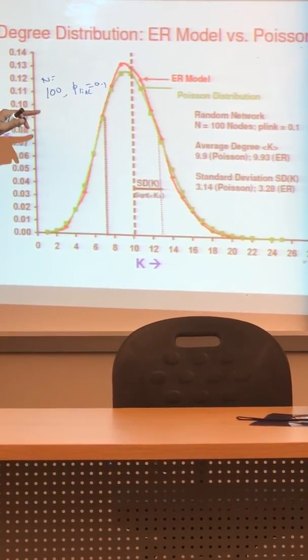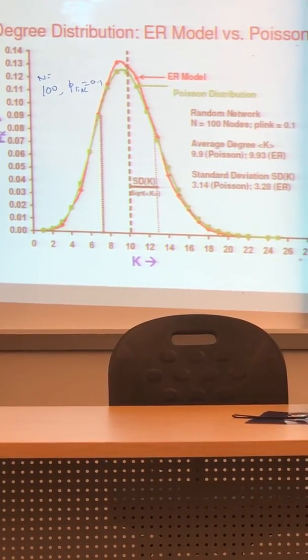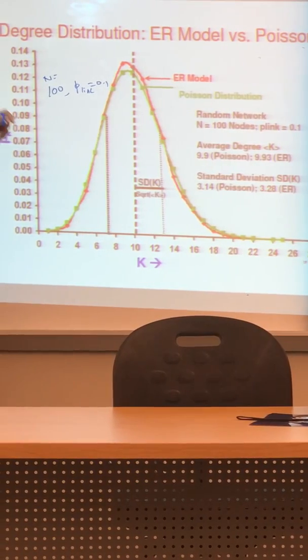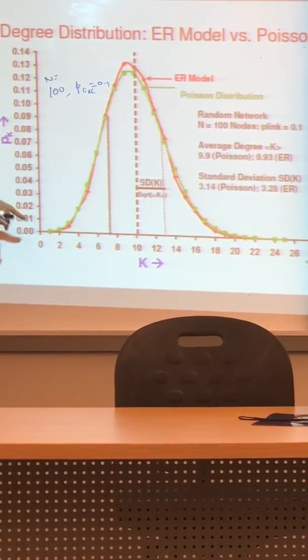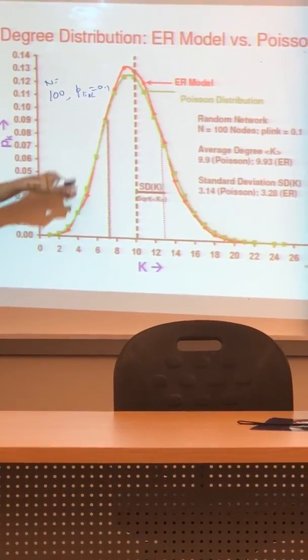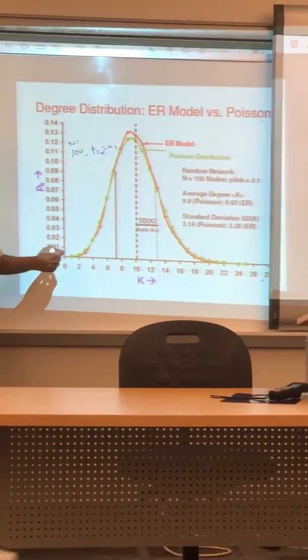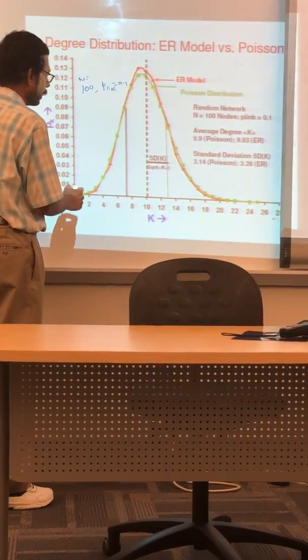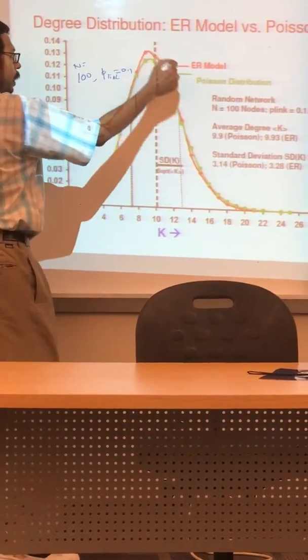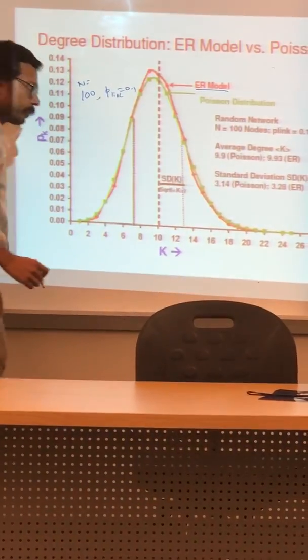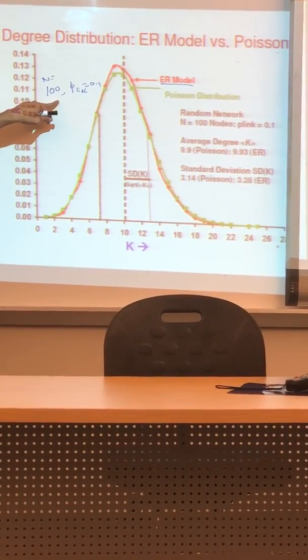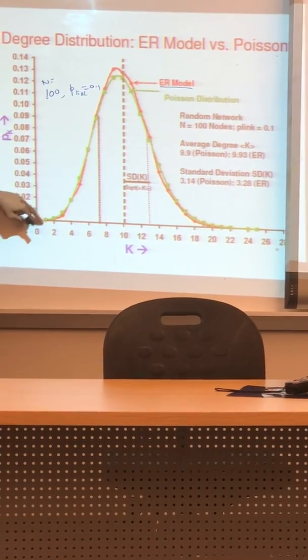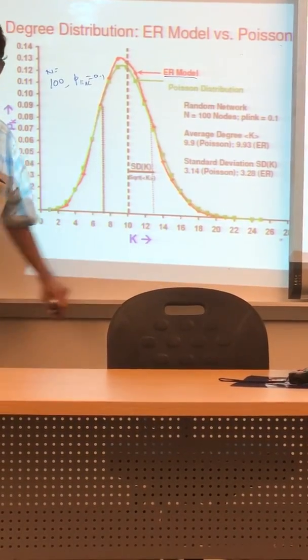I created several such networks of 100 nodes and averaged out all and found the degree distribution. So how many nodes are degree 1, how many are degree 2, and so on. So the degree distribution came out like the red curve, according to the ER model. So clear? For a random network of 100 nodes with the p-link 0.1, it came out to be like this.